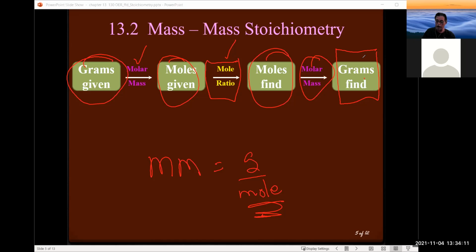It looks complicated, but it's not. We're going to end up with at least 3 conversion factors, okay? The first one generally is the molar mass of what you're given, okay? The mole ratio is the middle one, and then the molar mass of what you are looking for, fine.